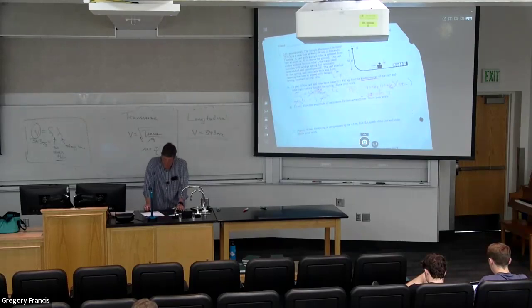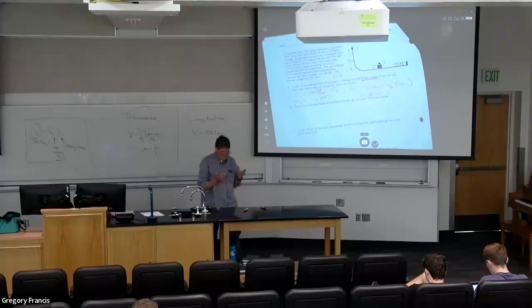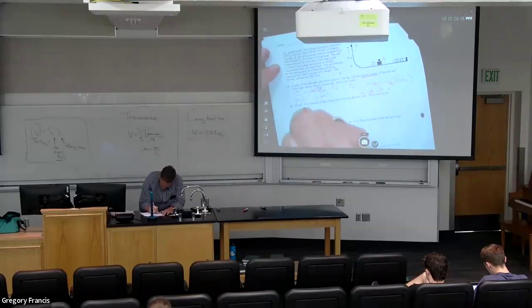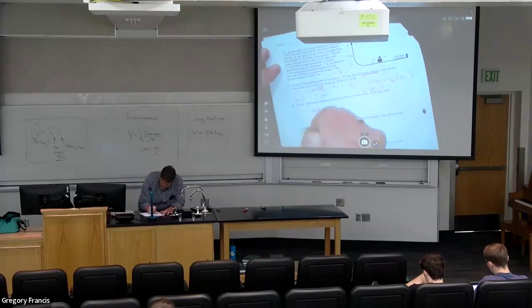Now again, once I know the energy, that stays constant as this thing bounces back and forth. And so I can say that the total energy is equal to 1/2 mv squared plus 1/2 k delta s squared.